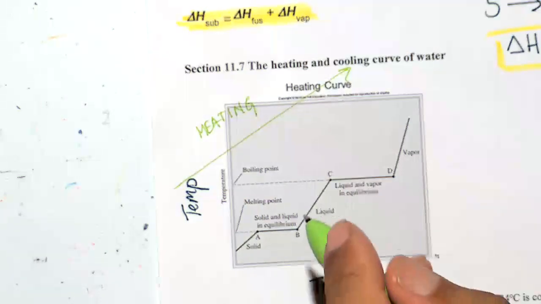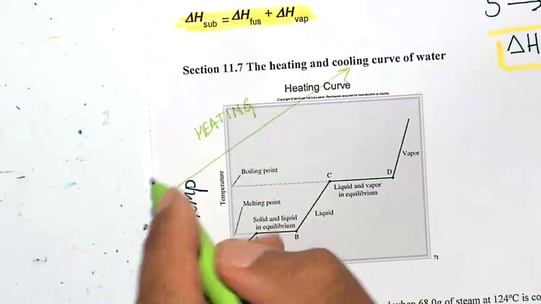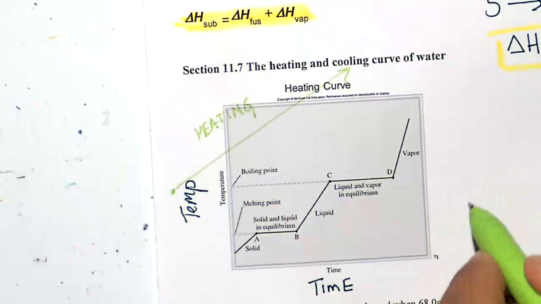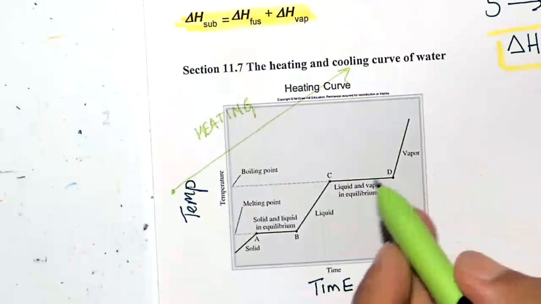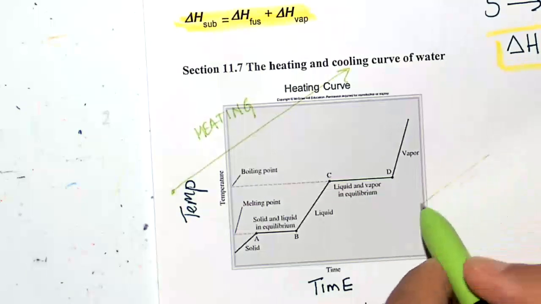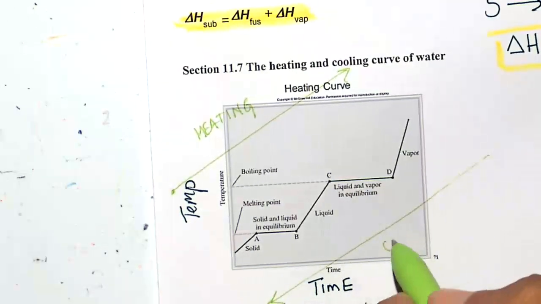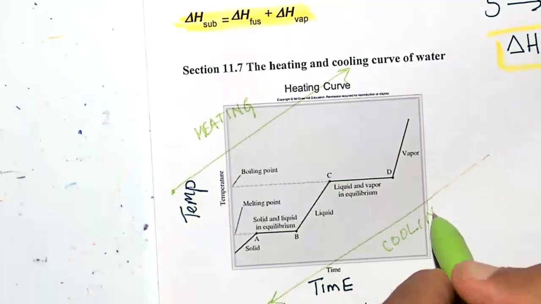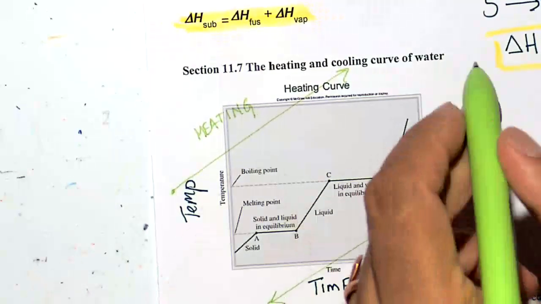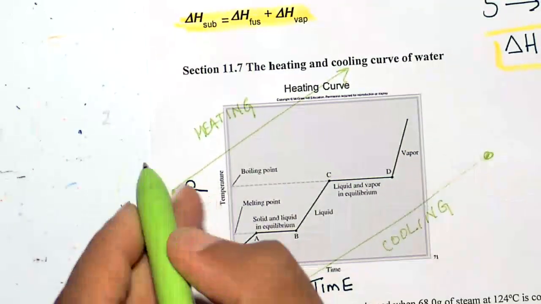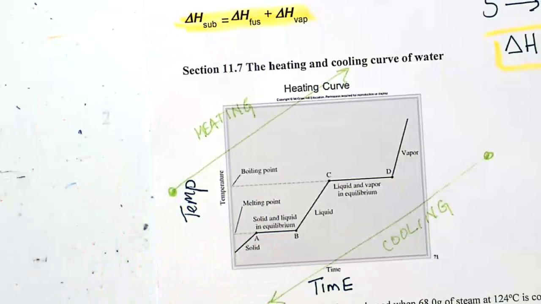If we cool the substance down, it becomes not a heating curve, but a cooling curve. So we have a heating curve and we have a cooling curve.